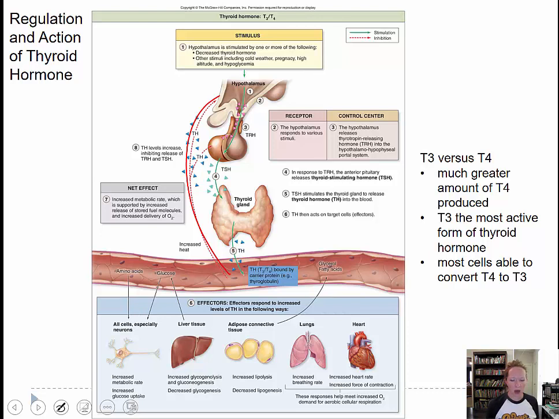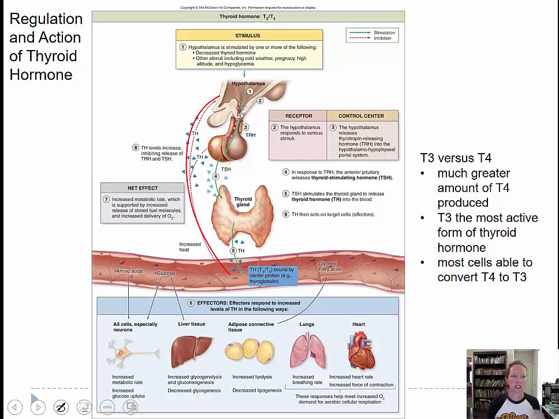Metabolism basically causes your cells to increase cellular respiration. Think about the two reactants you need for cellular respiration to occur: you need glucose and you need oxygen.